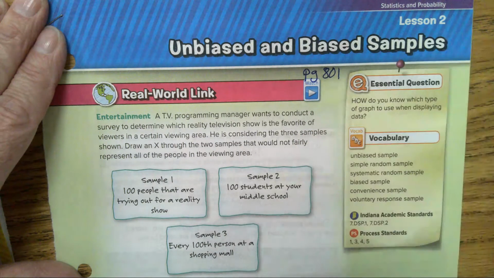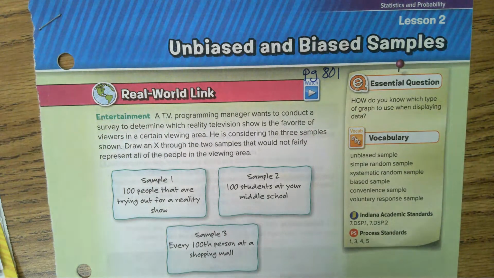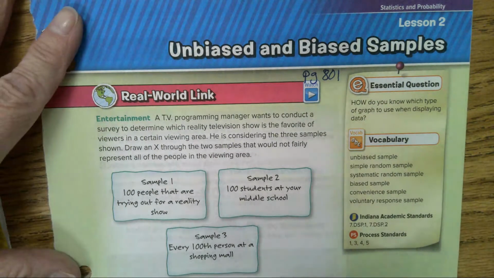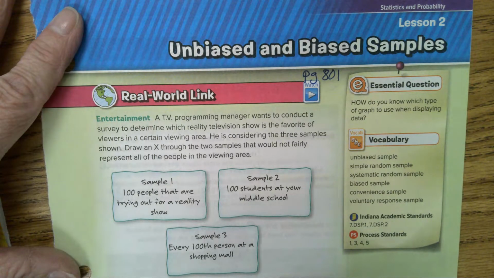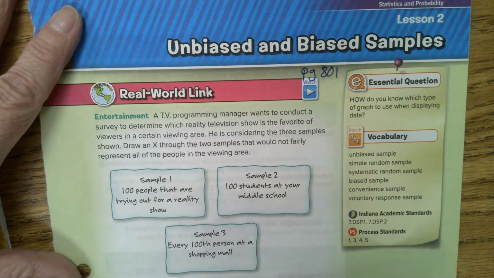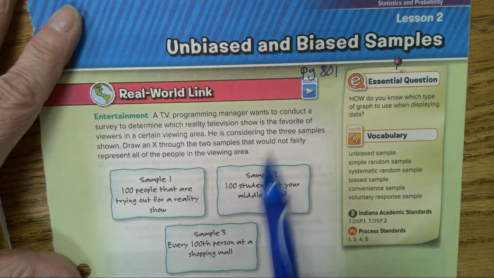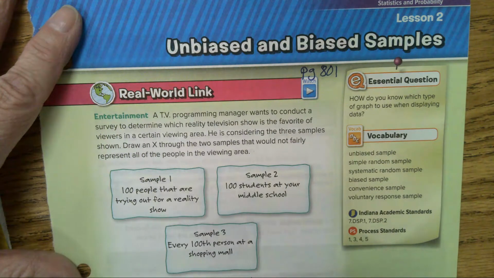It says, a TV programming manager wants to conduct a survey to determine which reality television show is the favorite of viewers in a certain viewing area. He is considering the 3 samples shown. Draw an X through the 2 samples that would not fairly represent all the people in the viewing area.